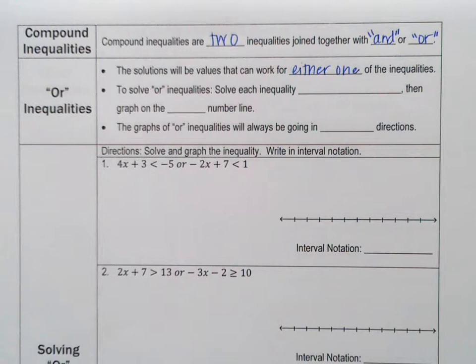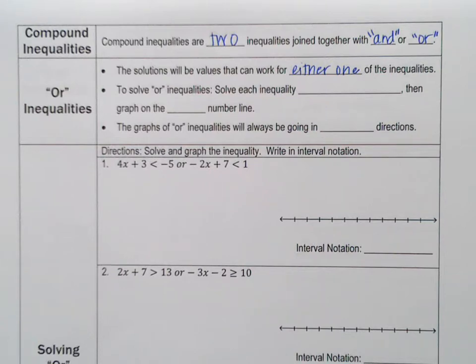If you meet one of those two requirements, then you would be able to enter that building. You don't have to meet both qualifications. So it works for one of the two inequalities.